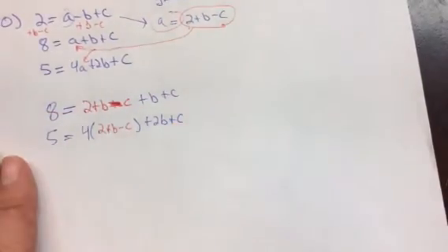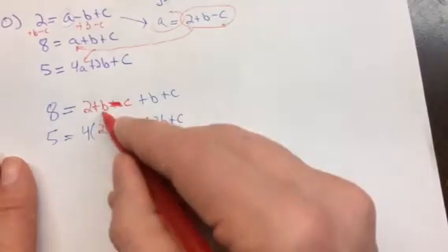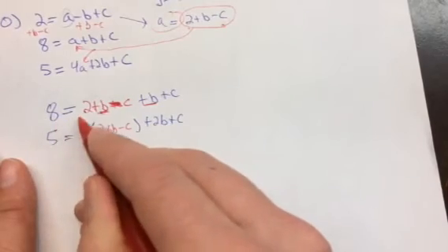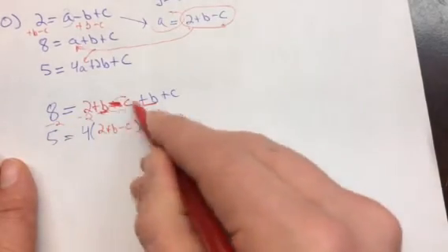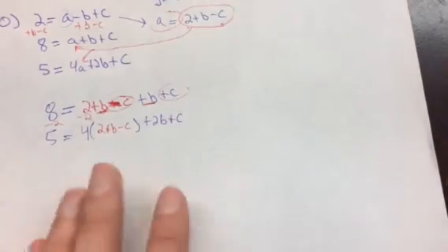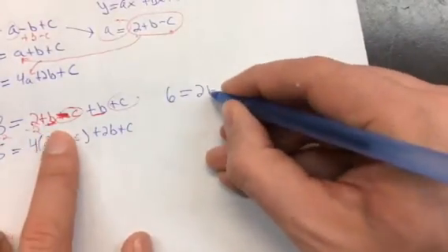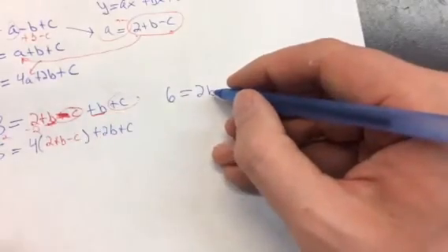I'm going to simplify by combining some like terms. I can combine b and b. I can move the 2 over to the other side, so I'm going to do minus 2. And I can do minus c plus c. So let's go ahead and do that. 6 equals 2b, negative c plus c is 0, so that goes away.